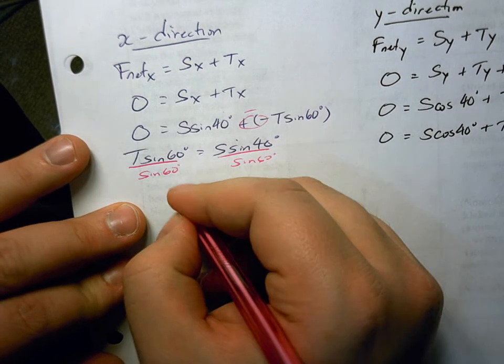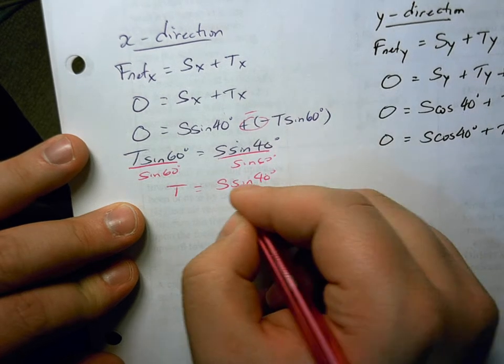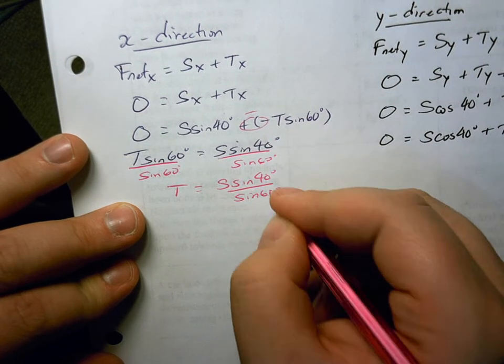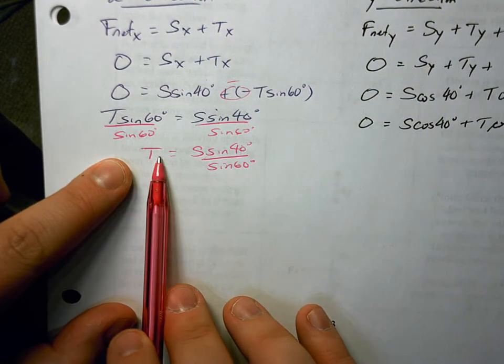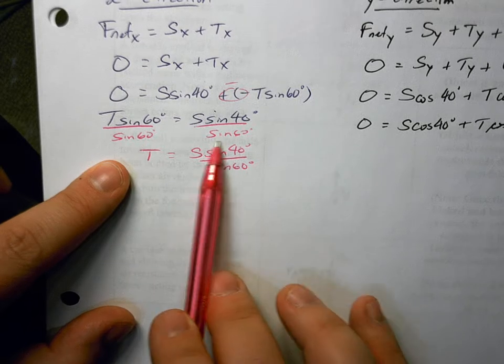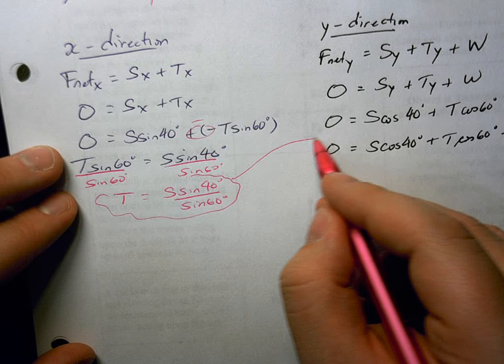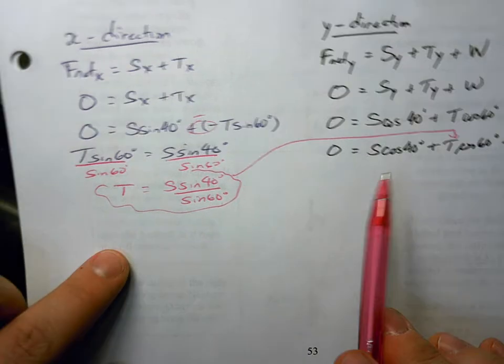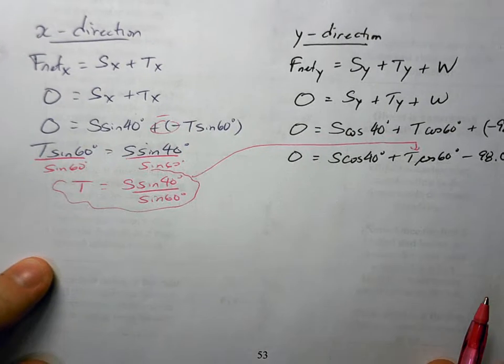I get t equals s sine of 40 degrees divided by sine of 60 degrees. This is an equation for strictly t. I can take this equation for t and substitute it into my other equation, so instead of writing t, I can write s sine 40 divided by sine 60.